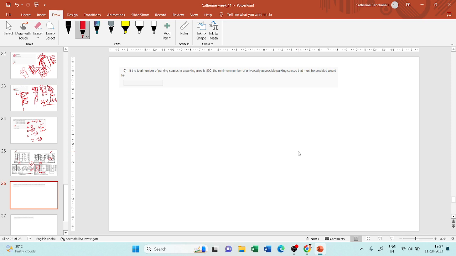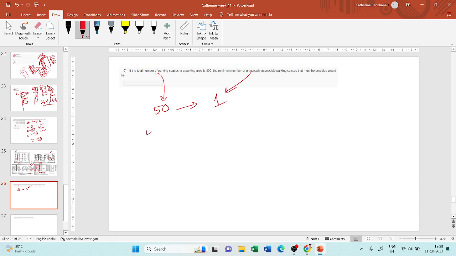if you see, if the number of parking spaces is up to 50, then you will provide one universally accessible parking space.